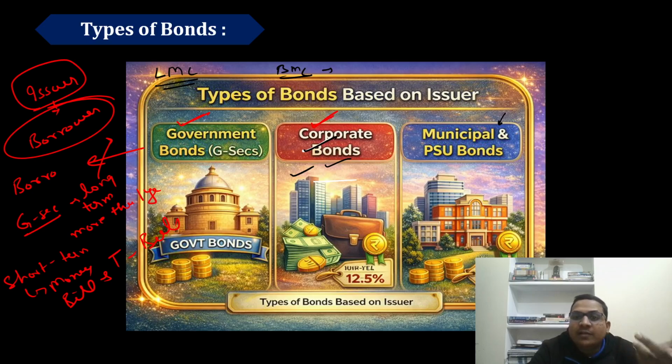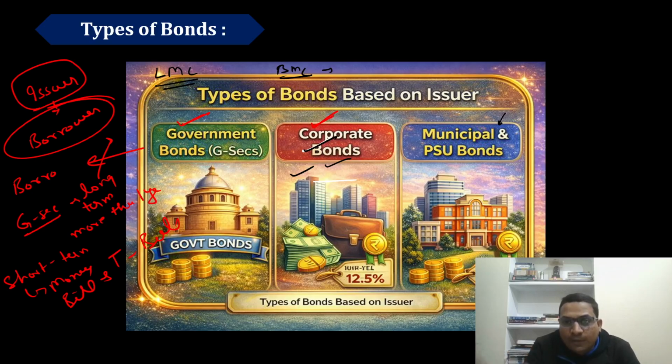And similarly, PSUs, it can be your public sector bank, it can be your public sector unit like NTPC, PGCIL, and they continuously keep on investing money either into the renewable energy resources or non-renewable energy resources. So whenever they are expanding themselves into different sectors, they need money.